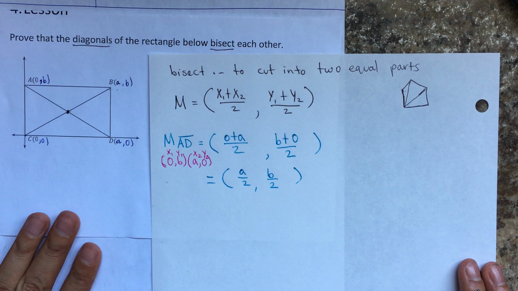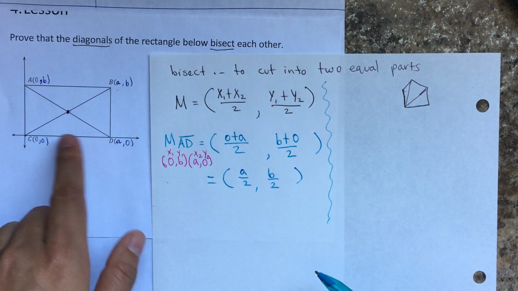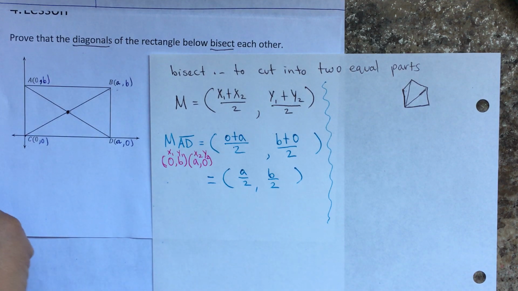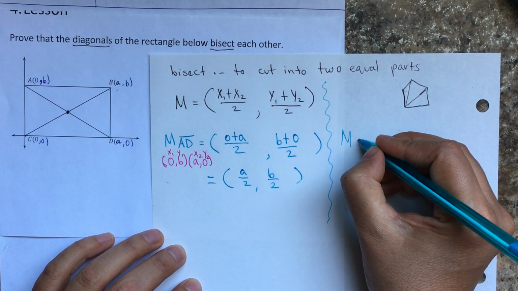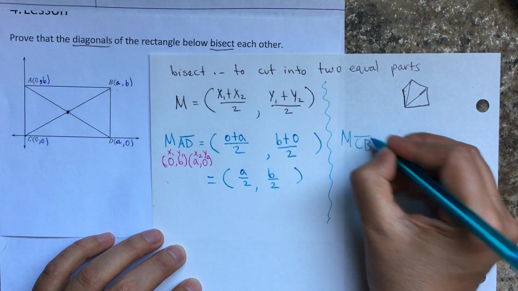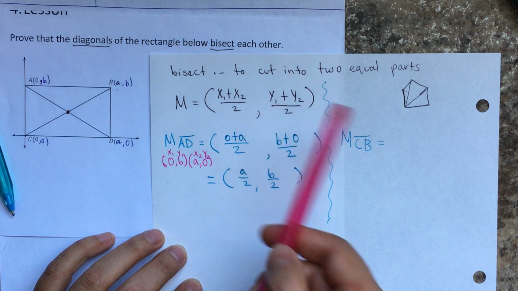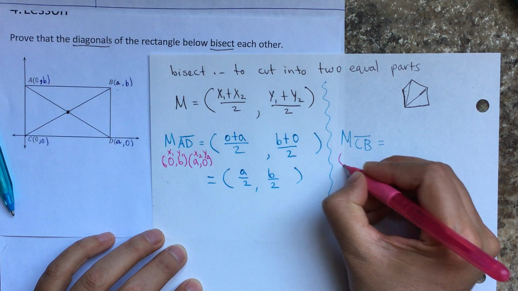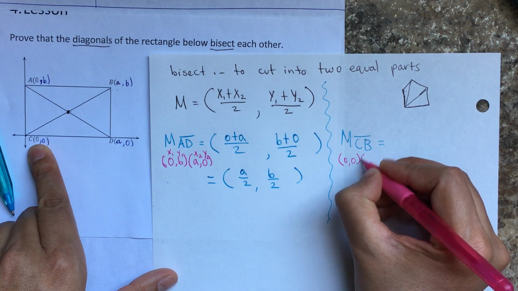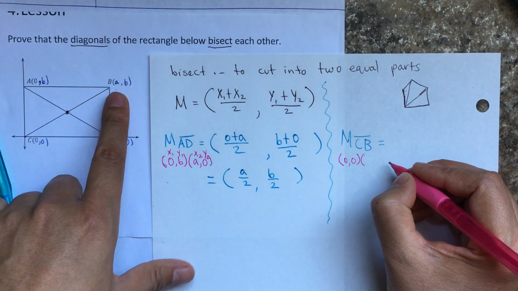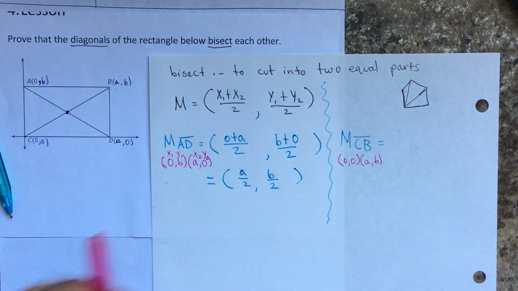Now I'm going to go ahead and do the same for diagonal CB. So find the midpoint of line segment CB, and we're going to use the same formula, and the point for C is 0, 0. The point for B is a, b.